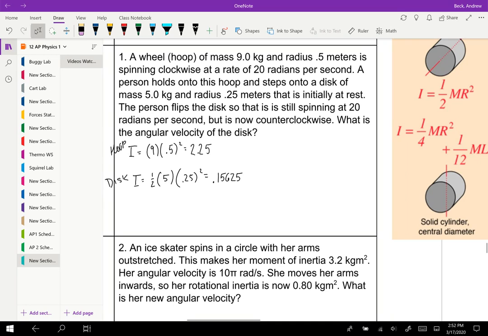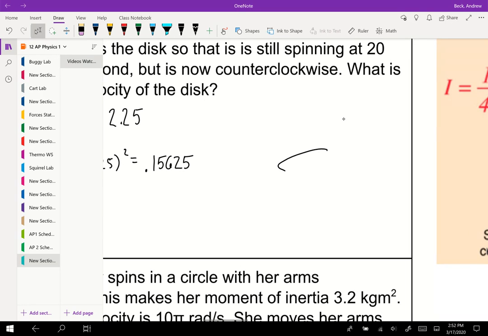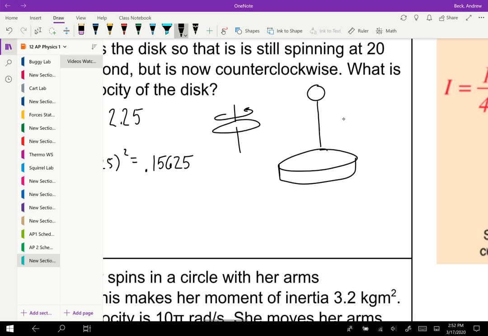All right, so if we're looking at what this situation is, it sounds complicated, but it's really just what you guys did in class. We didn't get to formally do it, but people did it enough. We have this turntable, this plate that's not moving. We have some momentum in this first case because of this spinning hoop. And then a person stands on it, holding the spinning hoop, and then flips it upside down.